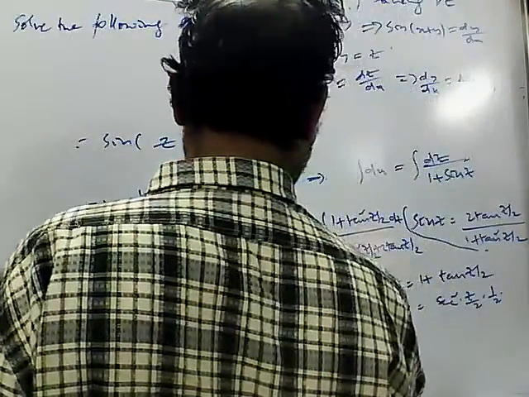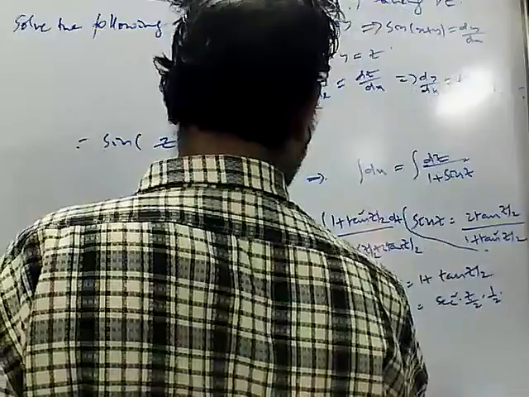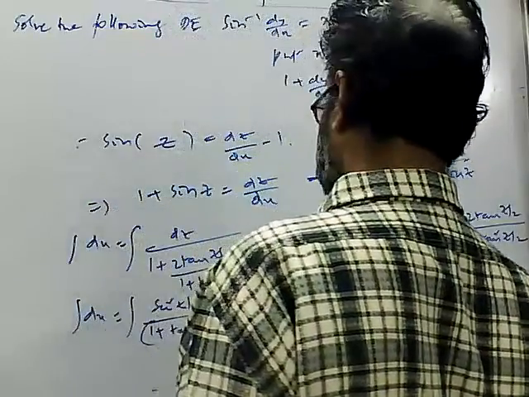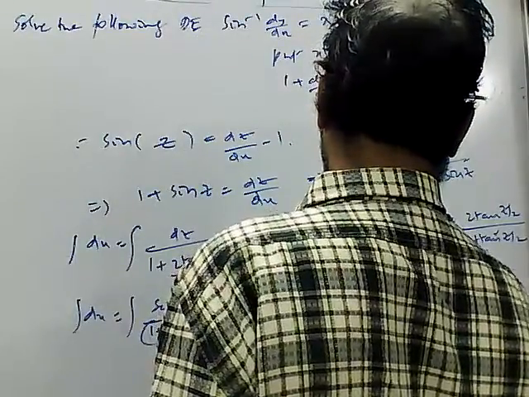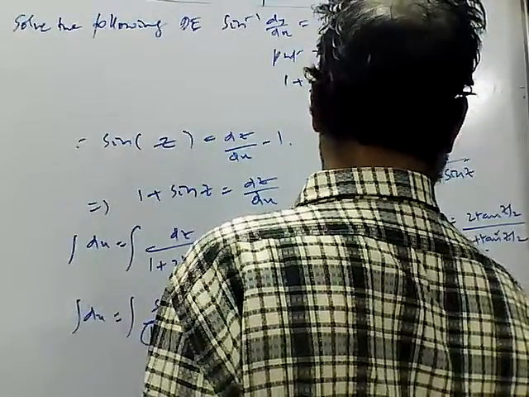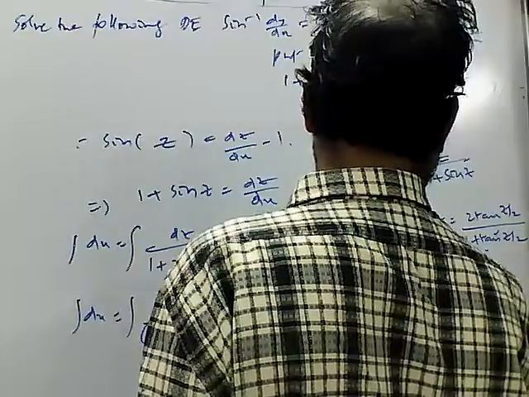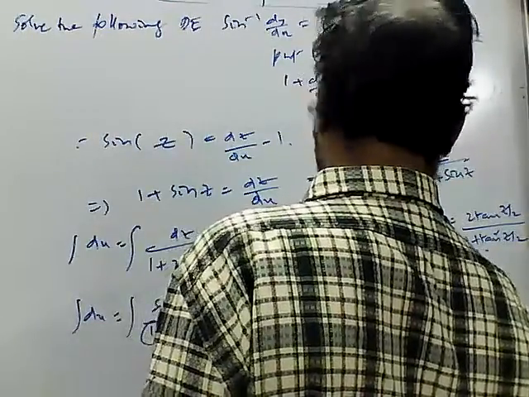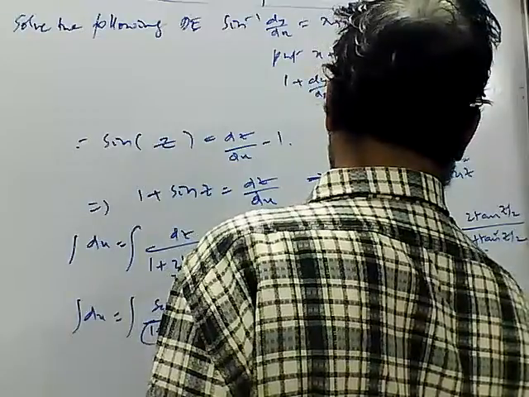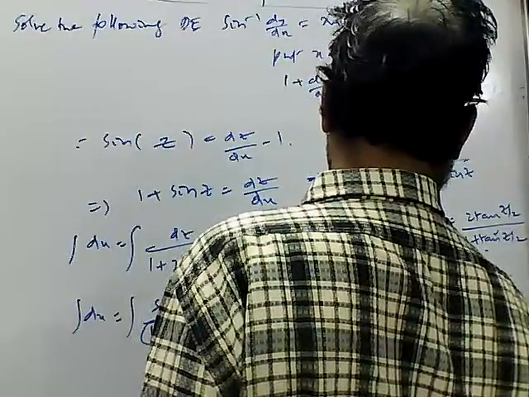That implies integral dx = half integral dt/t².